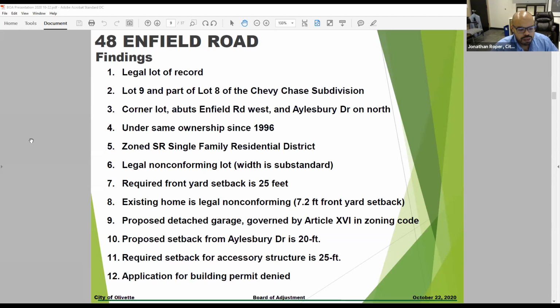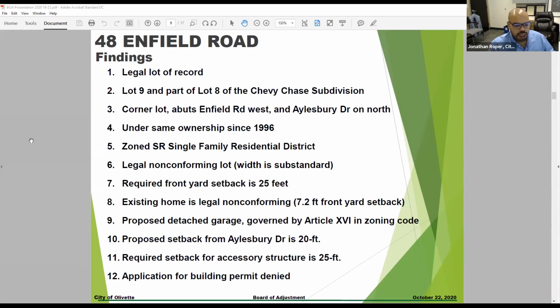The proposed setback from Aylesbury for the detached garage is 20 feet. The required setback, again, the Aylesbury Drive setback, is 25 feet for that front. And you have before you in your packet the denial letter for this, which is dated August 27th.